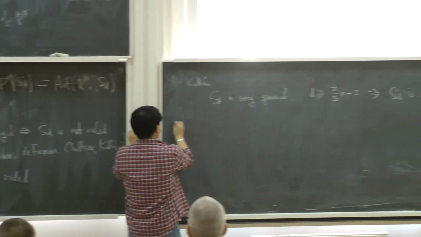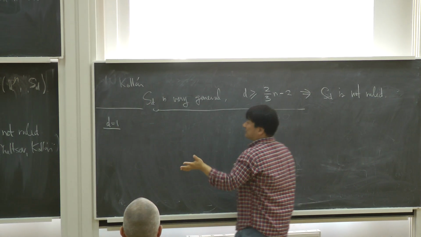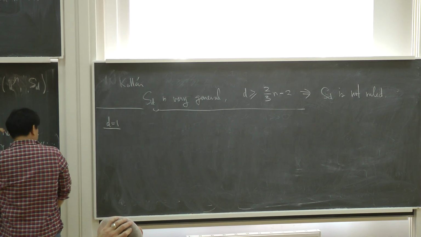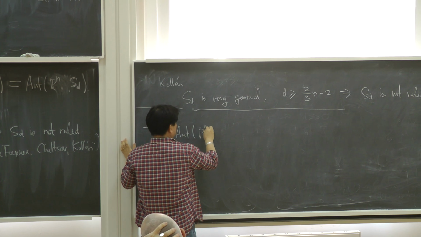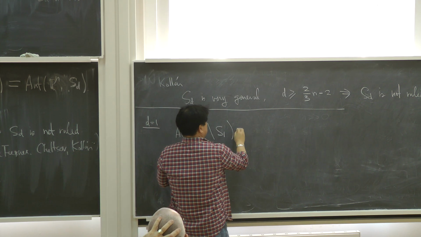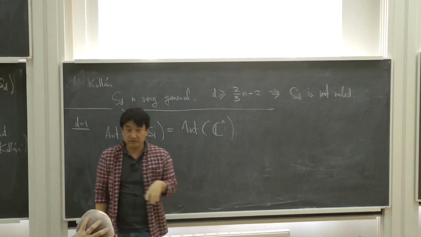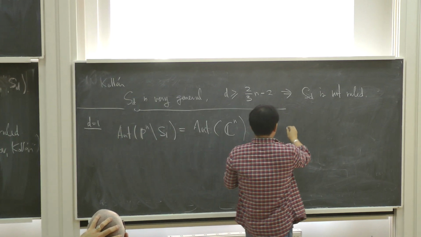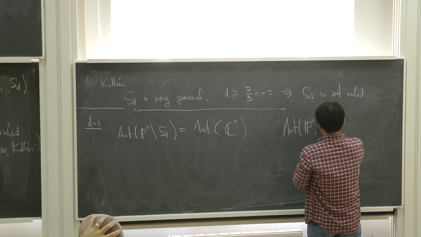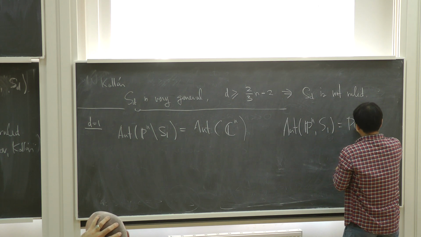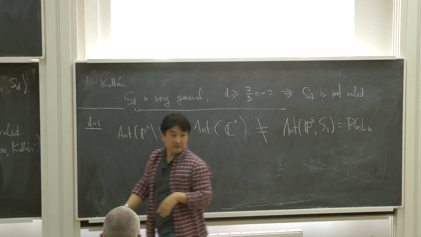All right. And for lower degree, the degree 1 case, let's look at the other side. If the degree is 1, then that means the automorphism of this complement is just the automorphism of C^n. This is a huge infinite dimensional group, but this P^n and this S_1, this is PGL_n, which is finite dimensional, so they are different. Right?